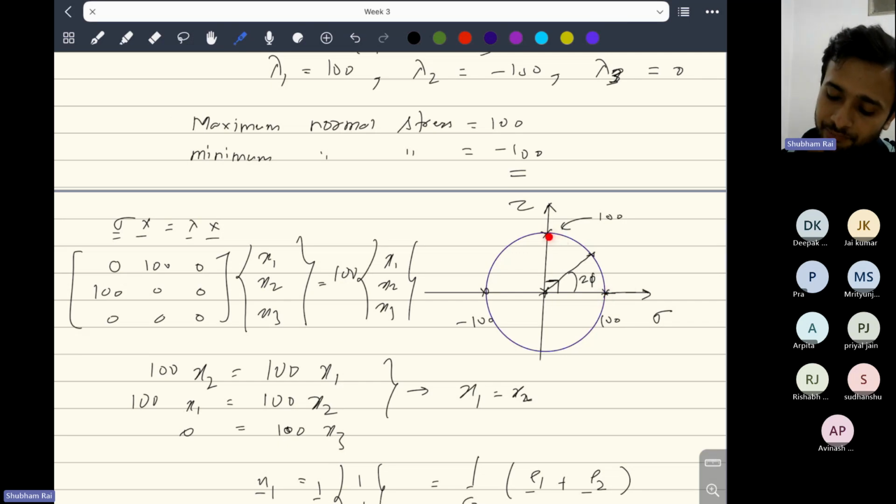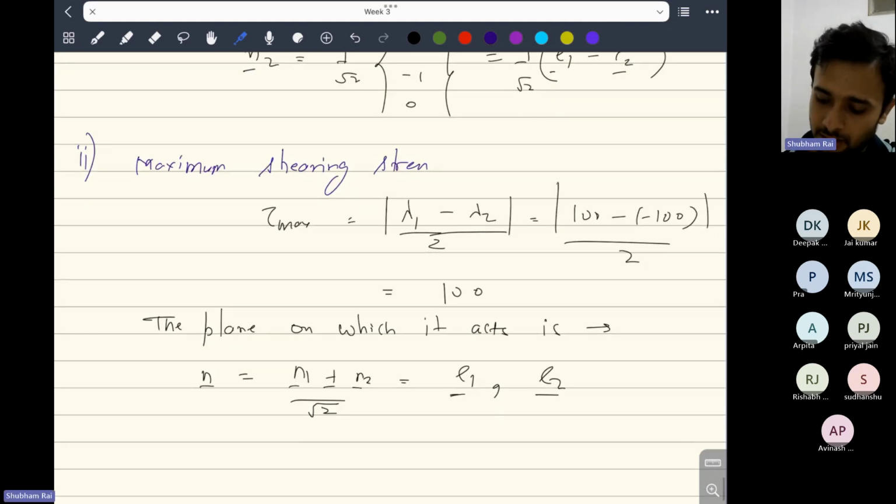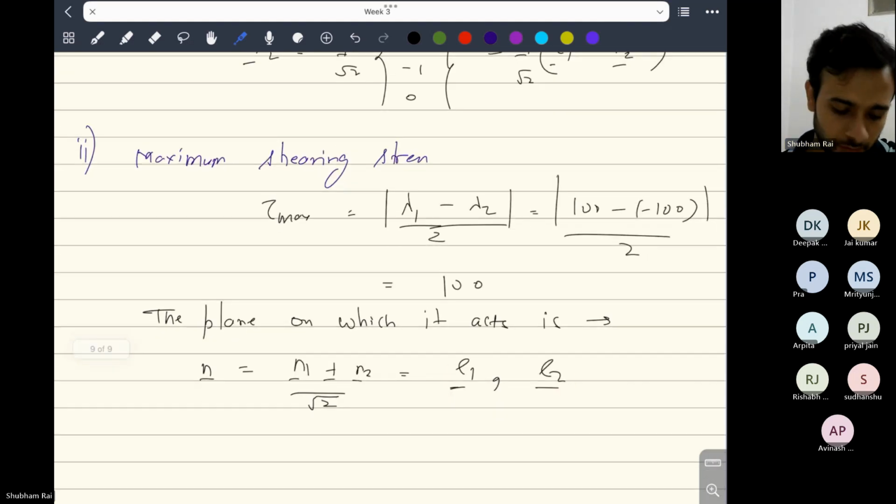If you move 90 degree from the principal direction, you will reach this point again, right? Which is nothing but the E1 itself. I mean, even E2 coordinate system, right? So this point corresponds to either E1 direction or E2 direction. So this may be E2 and this may be E1. So that's why your maximum shearing stress is aligned along E1, E2. Okay, so going to the next question.